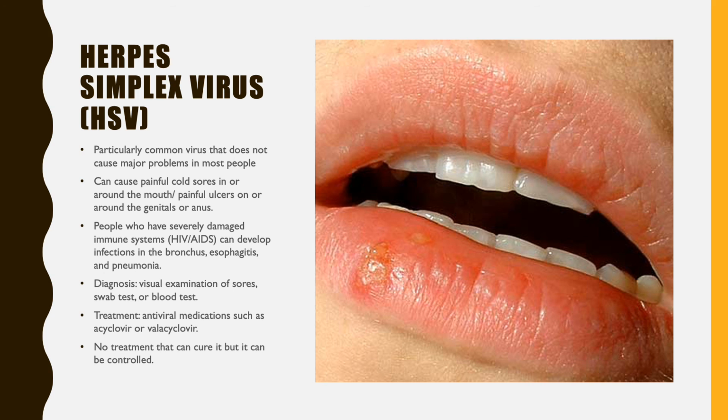They can also develop esophagitis and pneumonia. The diagnosis for this is very routine and can usually involve just a visual examination of sores. A swab test or a blood test can also be done to further confirm the diagnosis. Treatment is antiviral medications such as acyclovir or valacyclovir. No treatment can cure herpes simplex virus, but it can be controlled.